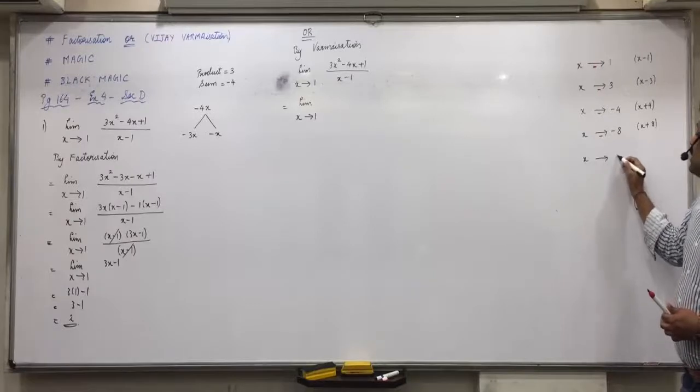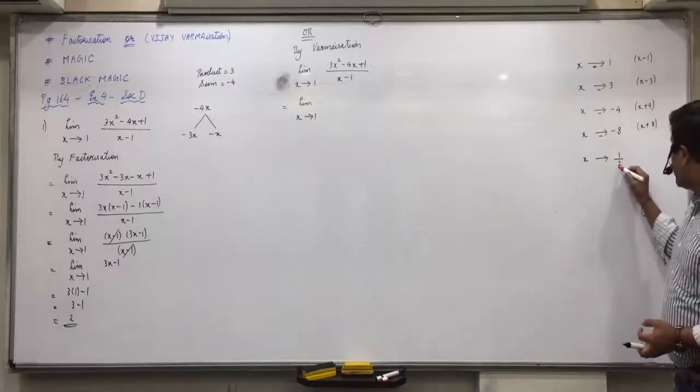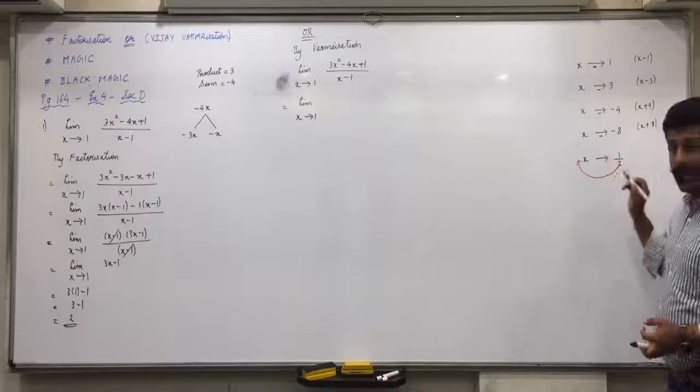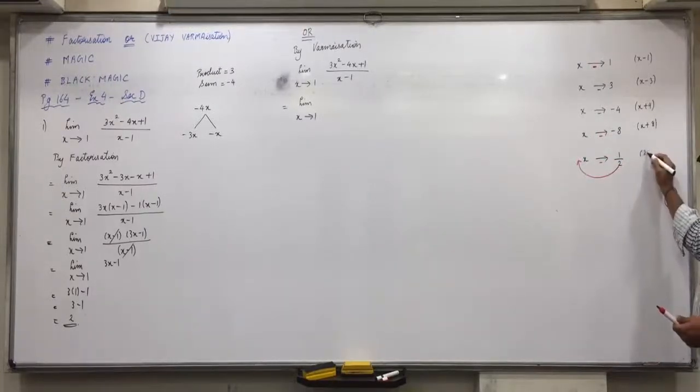If they say x tends to 1 by 2, bring 2 on the left side and then put minus. Means one of the factors will be 2x minus 1. Understood this?